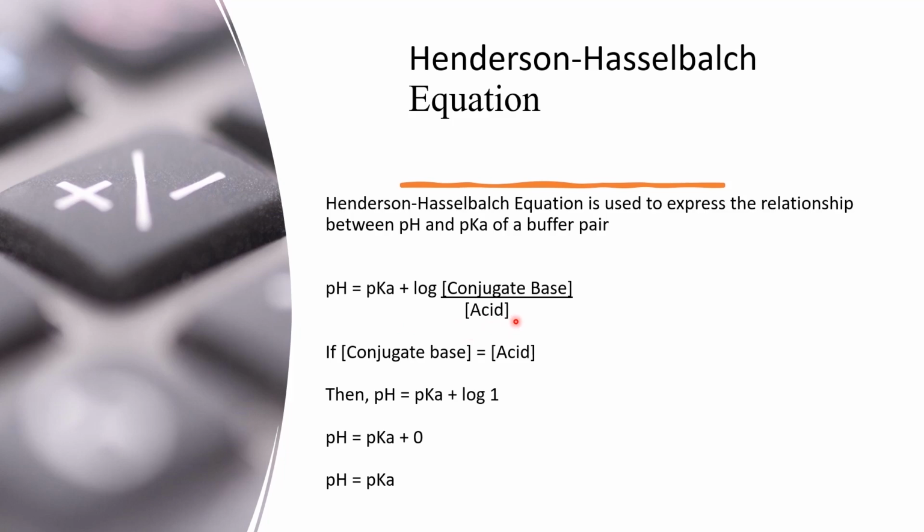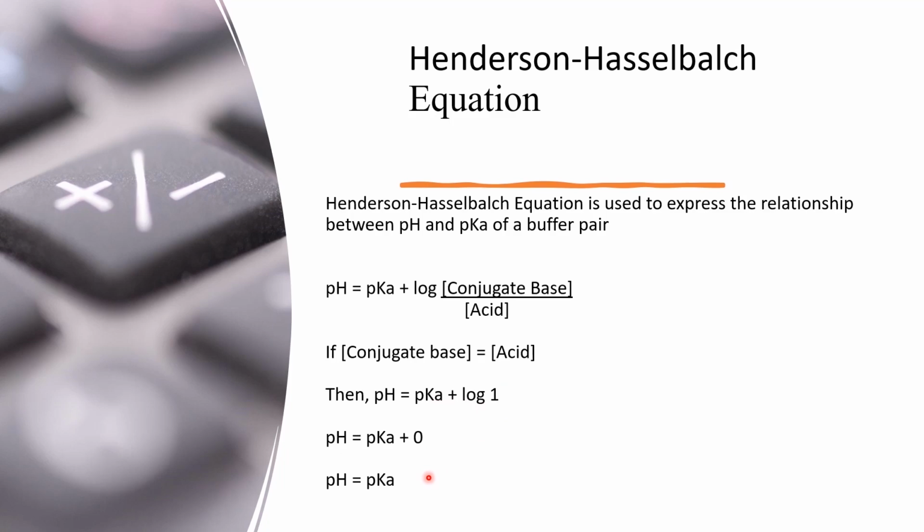Now, in a situation where the concentration of the acid and the concentration of the conjugate base are the same, this ratio will be equal to 1, because the concentrations are the same and if you divide them by themselves, you get 1. So pH is equal to pKa plus log 1. And we all know that log 1 is equal to 0. Extending the relationship, pH will end up equal to pKa.